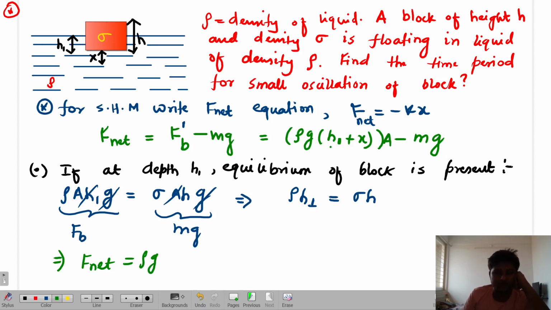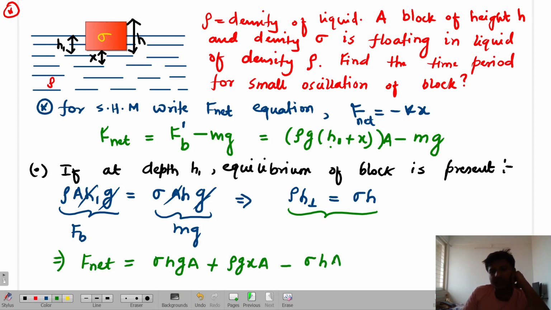Rho into h1 is what? We just derived sigma into h. So sigma h g into area A, plus rho g x into area A, minus mg, which is nothing but sigma into h into area A into g. So this and this got cancelled or not?